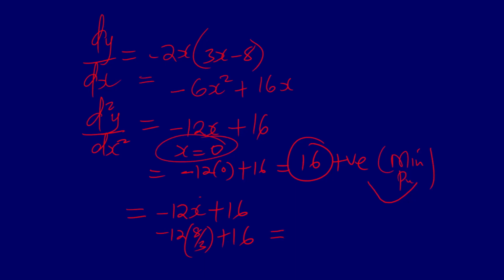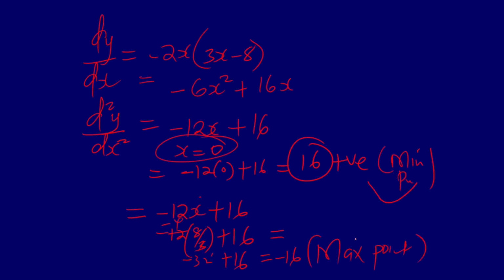This will give negative 4 times 8, which is negative 32, plus 16, because this is by 3, 12 by 3 is 4. Negative 32 plus 16 will give negative 16. So you can see this one is negative. So if the second derivative is negative, then that one is a maximum point.